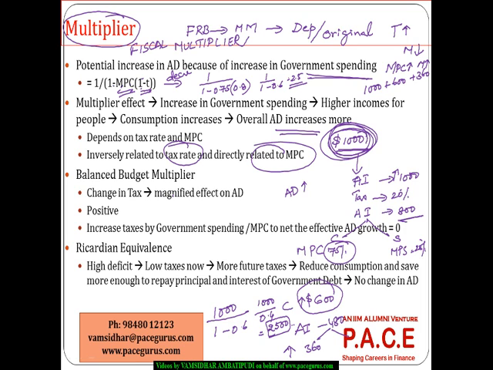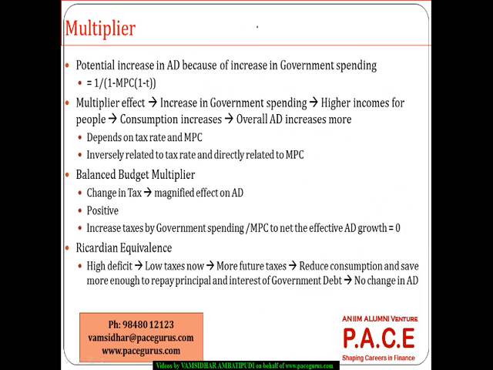Similarly, we are looking at a government which is spending $1,000 for the same example, where the tax rate is 20% and the marginal propensity to consume is 75%. Now, if it is taxing, right, it has imposed, let's say, $1,000 tax. Now, what is happening?